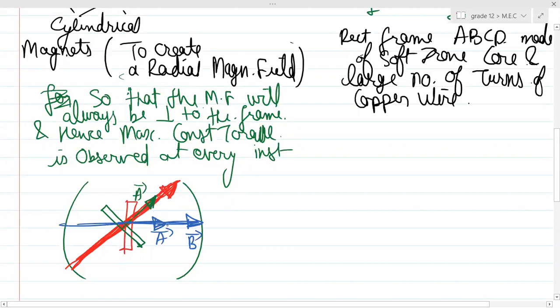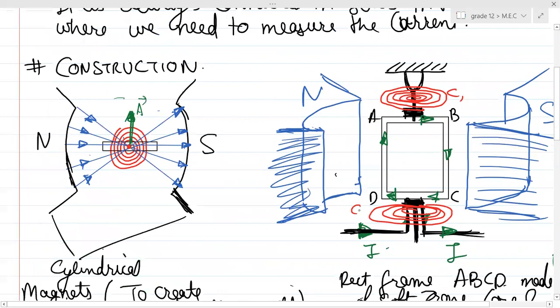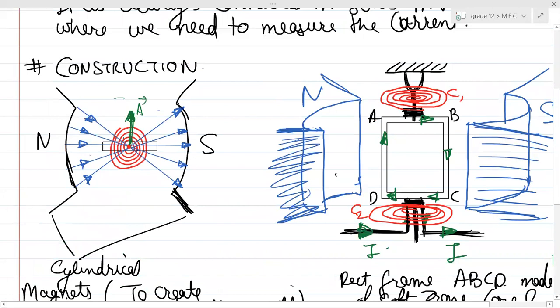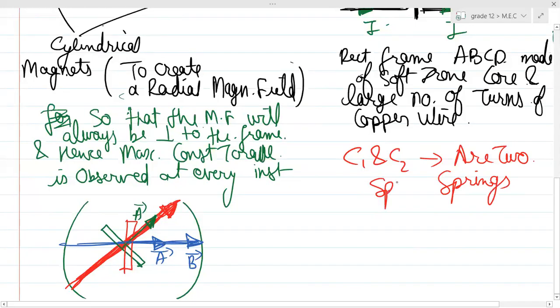Is this clear, guys? Now, can you see the two springs C1 and C2? C1 and C2 are two spiral springs connected at the top and the bottom.